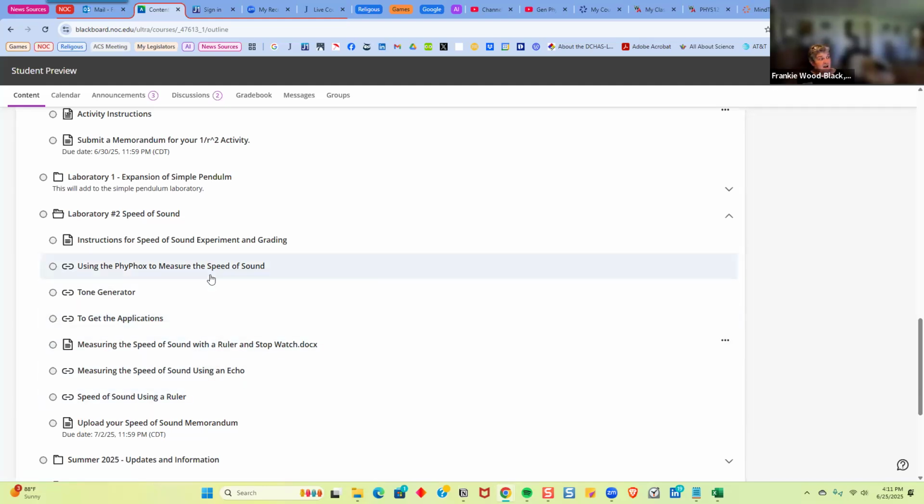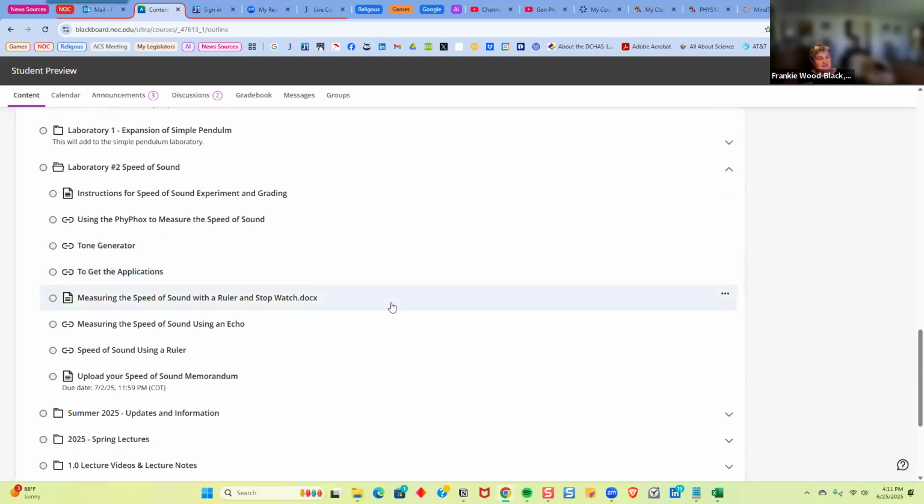There's a Firefox one. You can go to their video and use the Firefox application with the tone generator to measure the speed of sound.